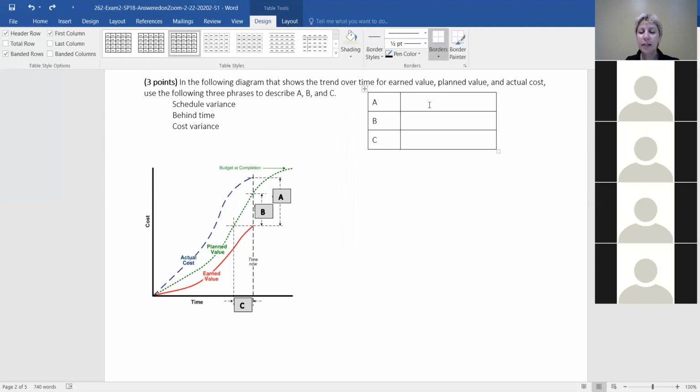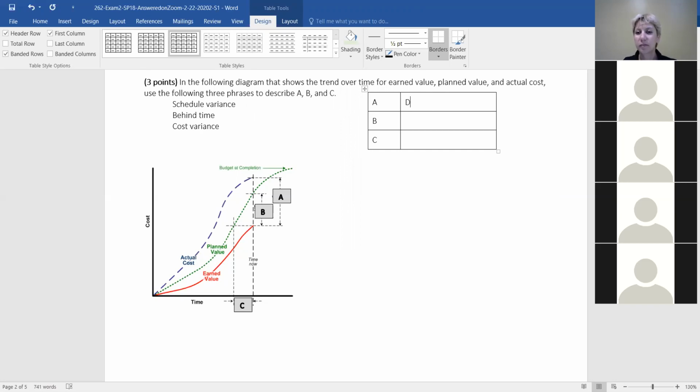But look at the left. Explain it, Dalton. So in A, I'm just explaining what it is. Go ahead. What is A? Look at the A. Is the difference between actual cost and earned. Okay, what is that? What's the label? Actual and earned, what's the difference?